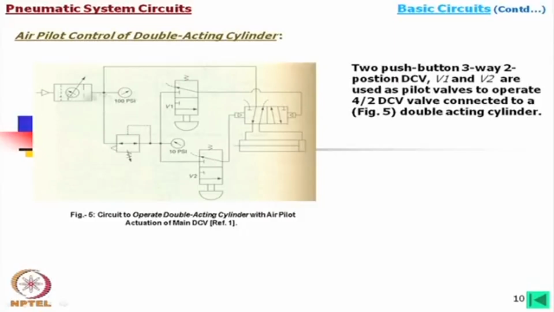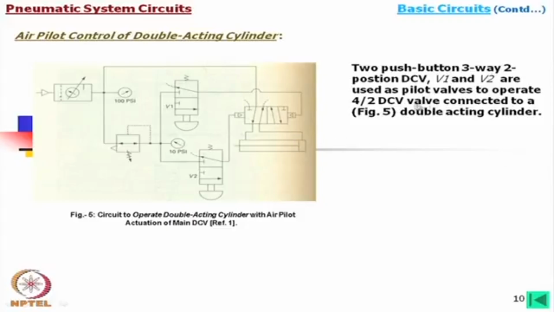That means the main source is 100 psi, whereas from the main source for these pilot operations we are using only 10 psi, that is 0.07 megapascals, whereas this is 0.7 megapascals. Now, the operation, as you see, V1 and V2 are used as pilot valves to operate the 4/2 DCV.